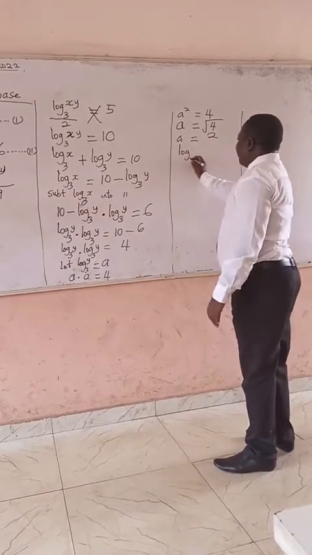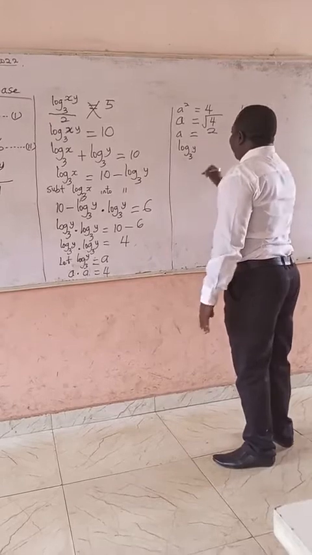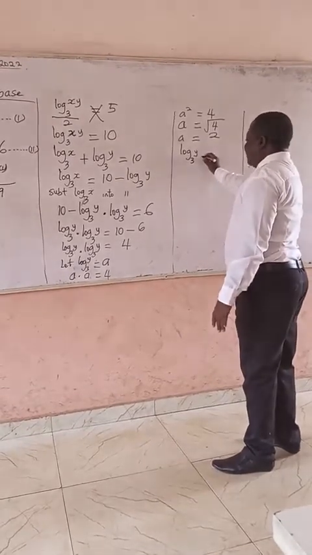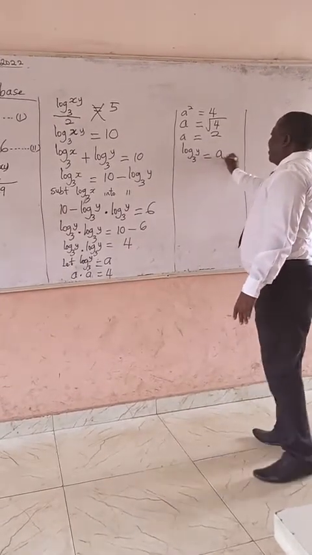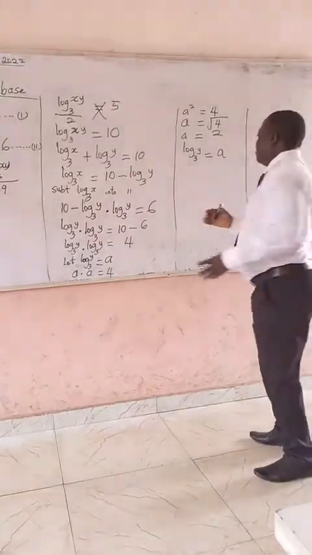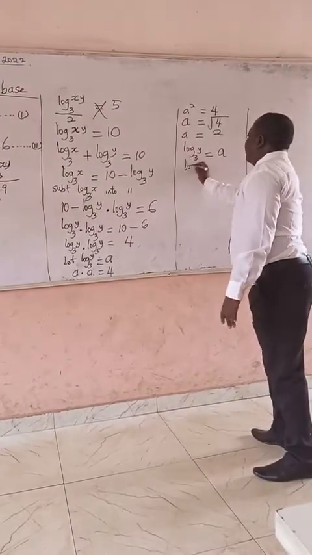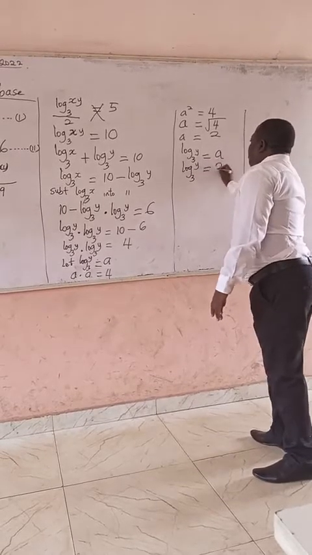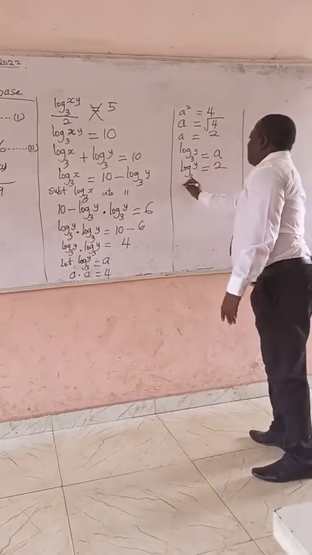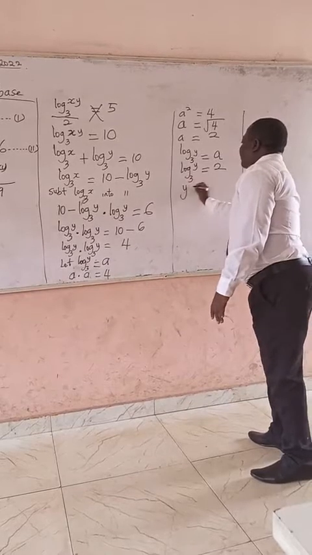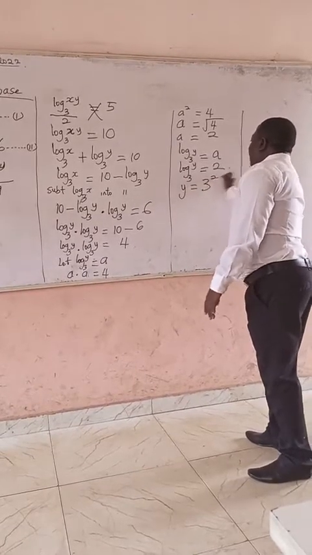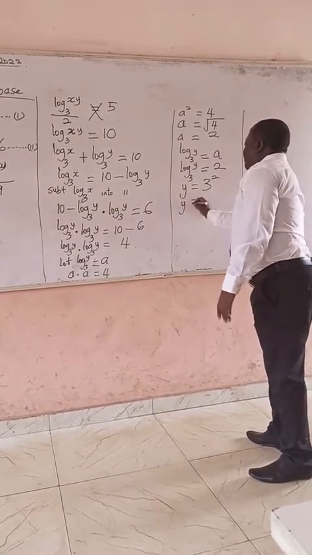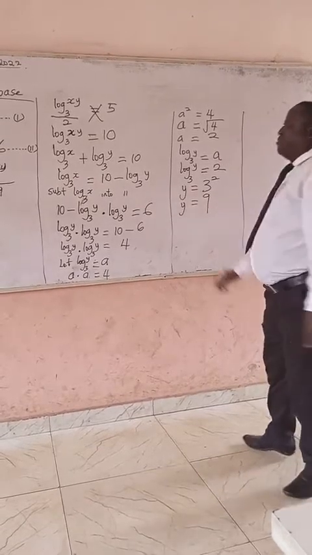Logarithm of y in base 3 is equal to A, and A is equal to 2. So logarithm of y in base 3 is equal to 2. And from here, y is equal to 3 raised to the power of 2. Y is equal to 9.